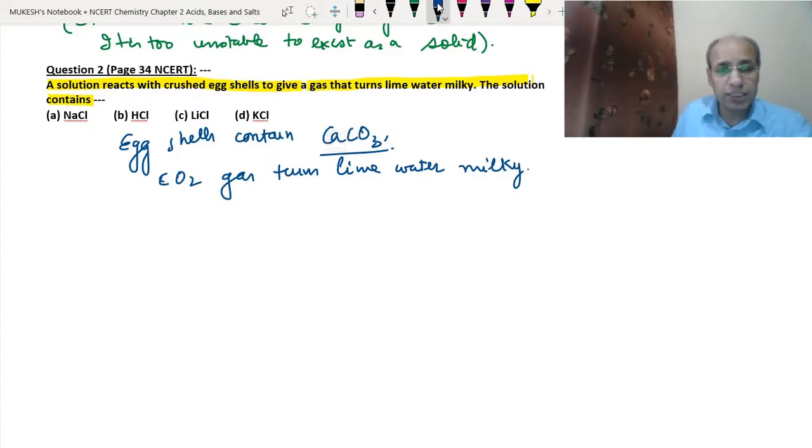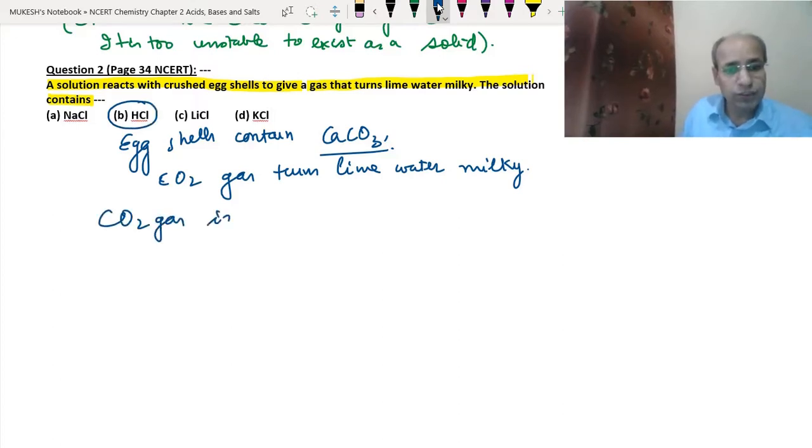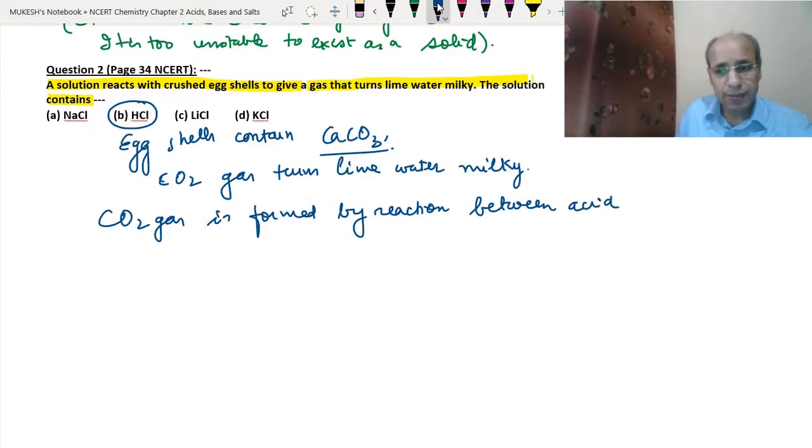When we reacted calcium carbonate with hydrochloric acid, carbon dioxide gas was produced, which turned the lime water milky. So the answer is going to be hydrochloric acid.